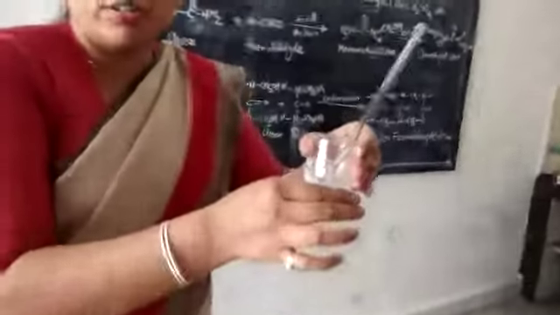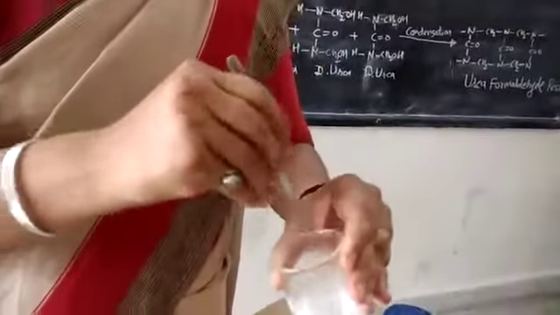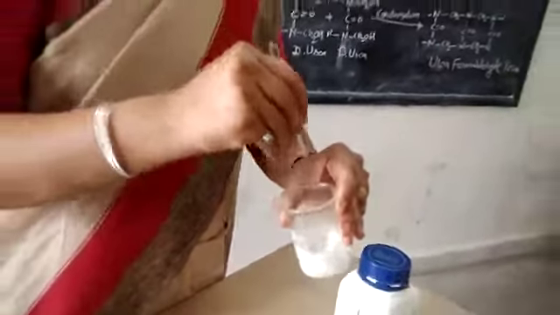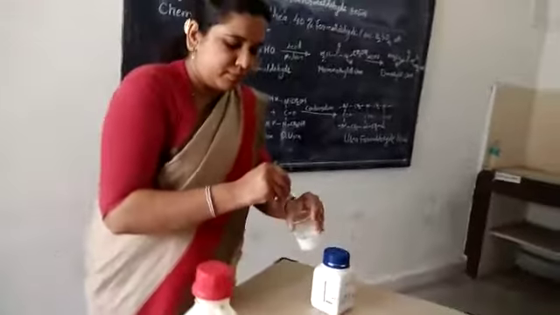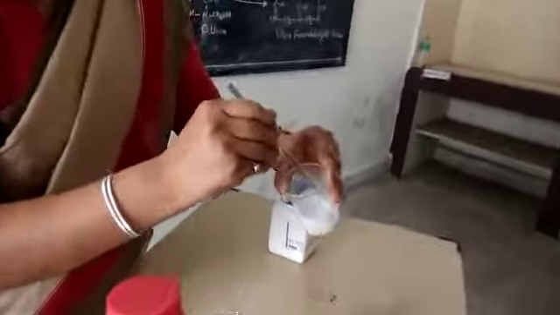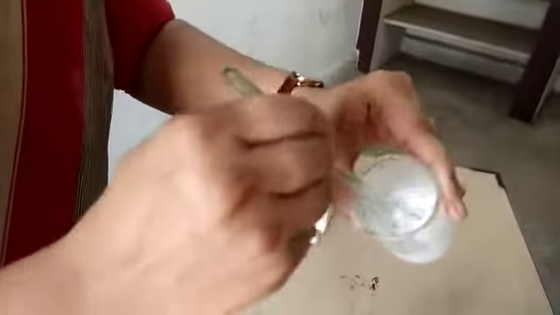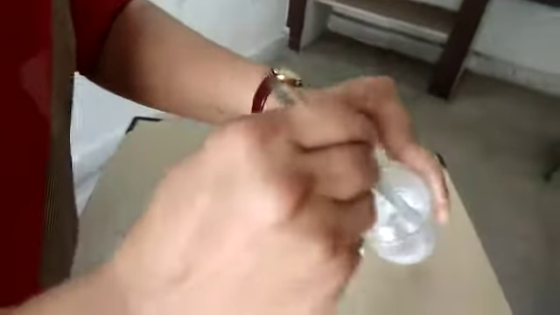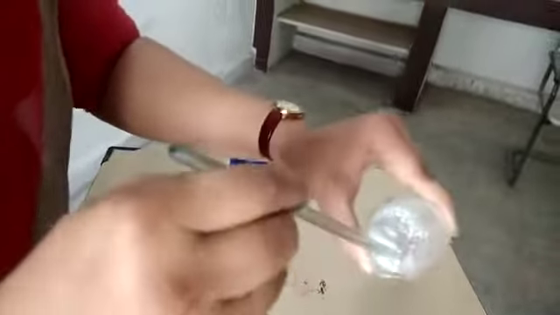It is hot to touch because of the release of energy or heat. You can see here the formation of a white polymer. After some time it totally dries. So you can see here the drying of this urea formaldehyde resin.